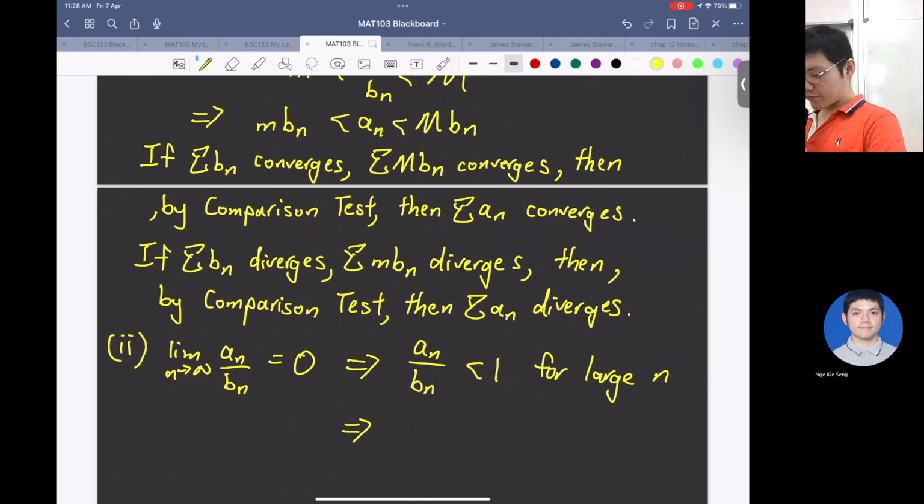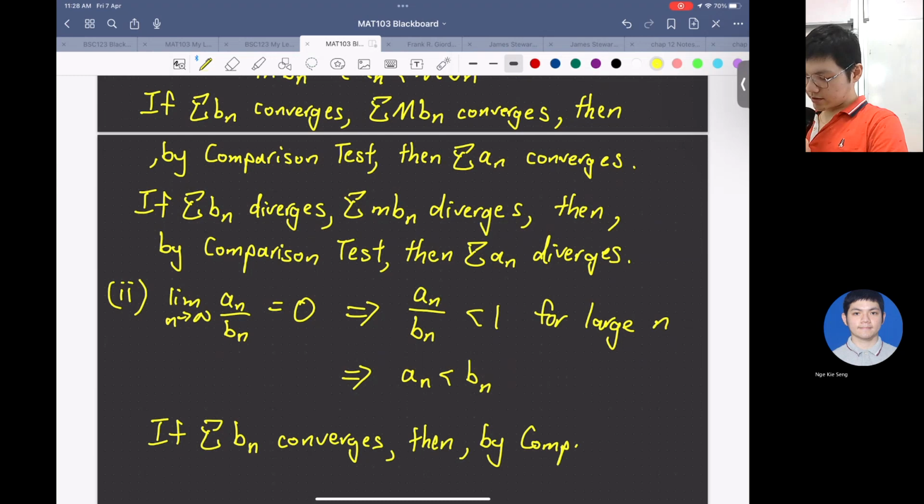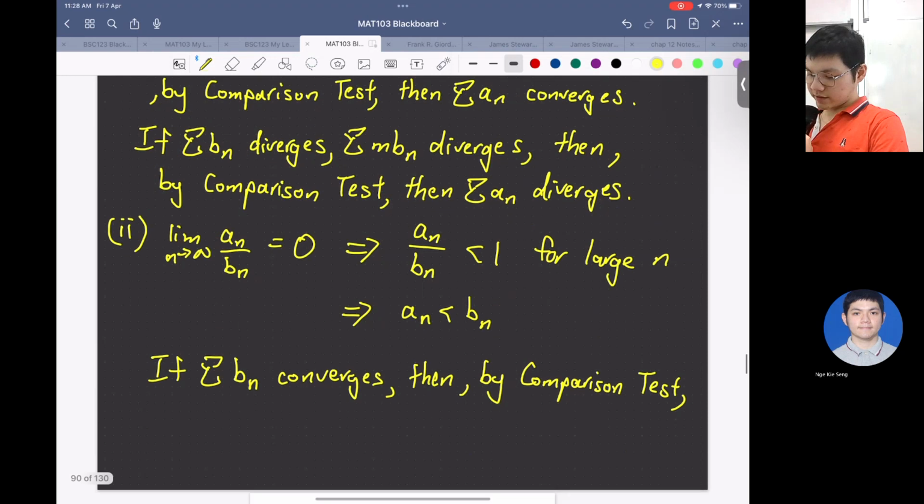So in this case, we form an inequality between an and bn again. Comparison test again. So if bn converges, then by the comparison test, the infinite series of an converges.